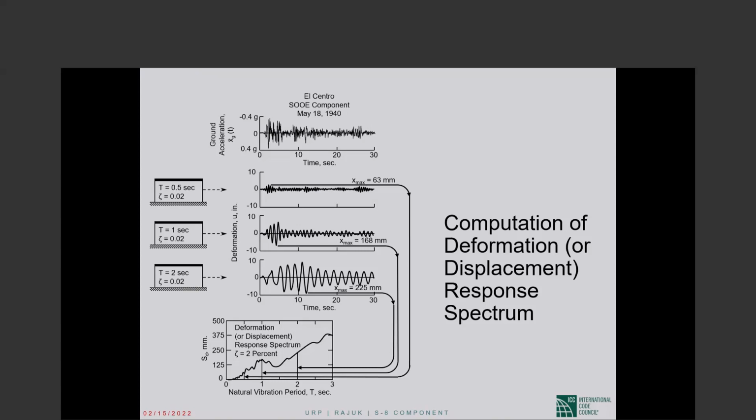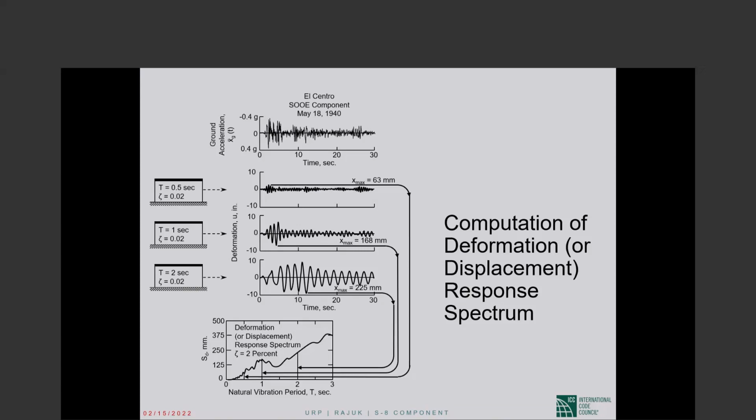Okay, so single degree of freedom system, one component of motion, it can be horizontal displacement or whatever, but only one component of motion is possible.